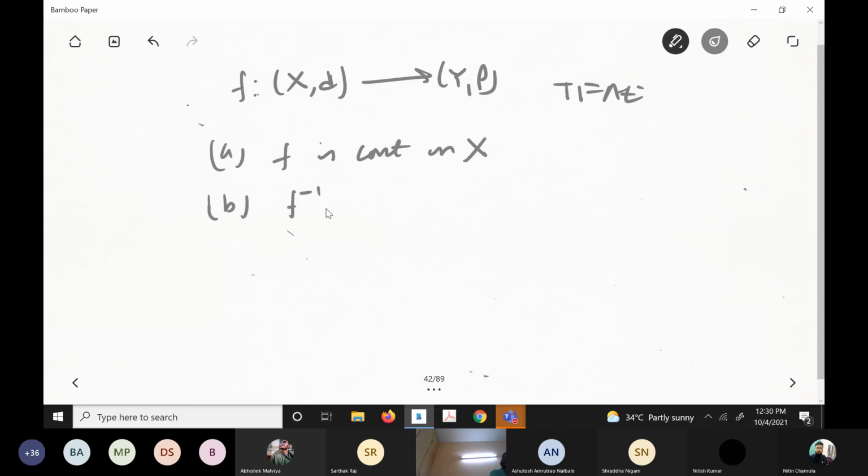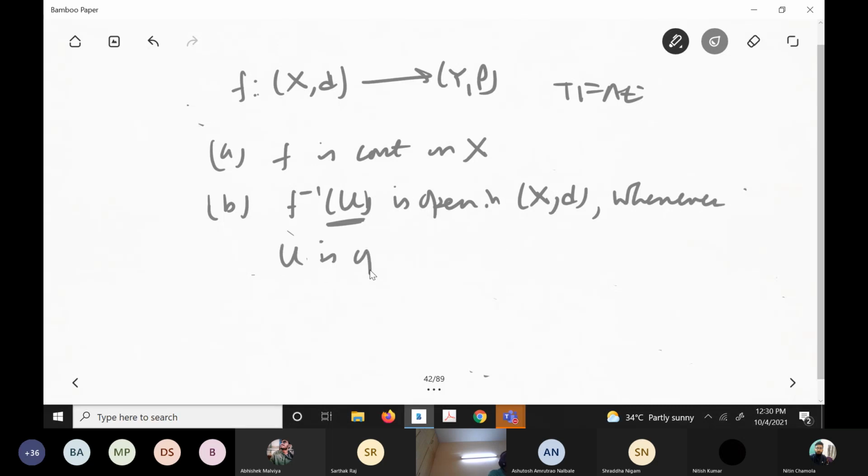f inverse U is open in X whenever U is open in Y. Okay.